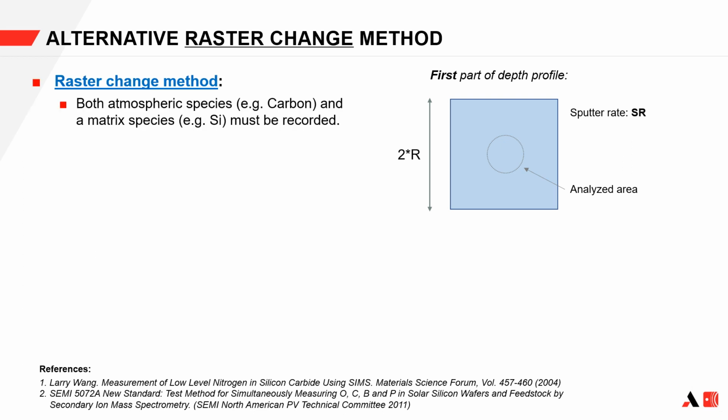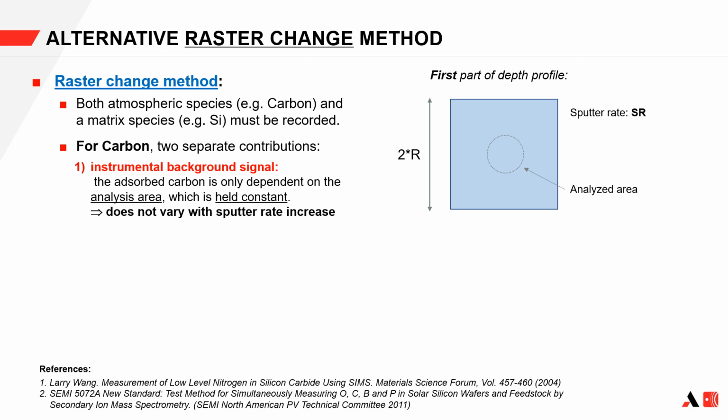For this analysis, we need to record both atmospheric species, in this case carbon, and a matrix species, silicon. For carbon, signal intensity has two separate contributions. The first part is instrumental background signal from elements that are adsorbed to the surface.